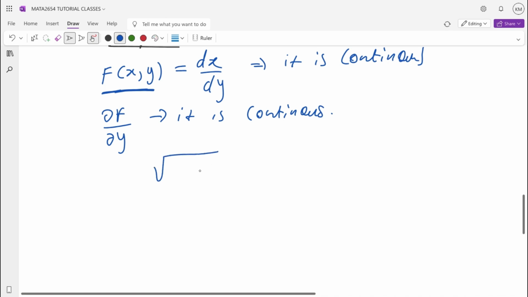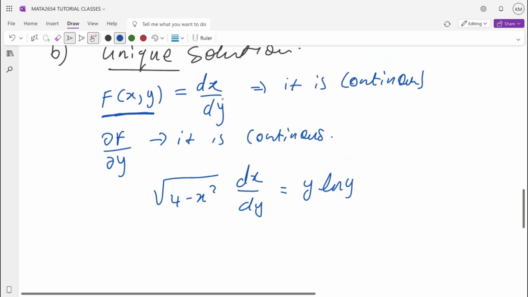Remember we were given the square root of 4 minus x squared dy by dx equals y ln y, like that. Okay, so like I said, your f of x y is when you have dy by dx as the subject from this differential equation. So if we put that as the subject of the formula, we see that dy by dx is just y ln y, divided by square root of 4 minus x squared.